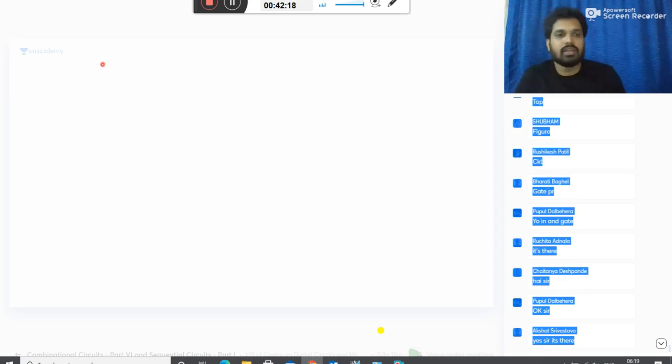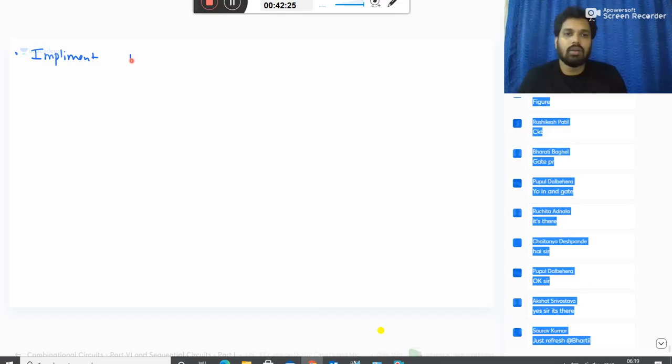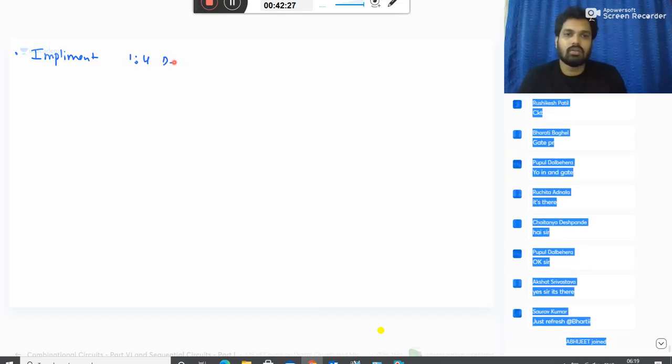Okay, so the next part: how to implement one demux using another demux. Only this can be asked in this exam. So listen here, very simple. Suppose you want to make 1 by 4 using 1 by 2.